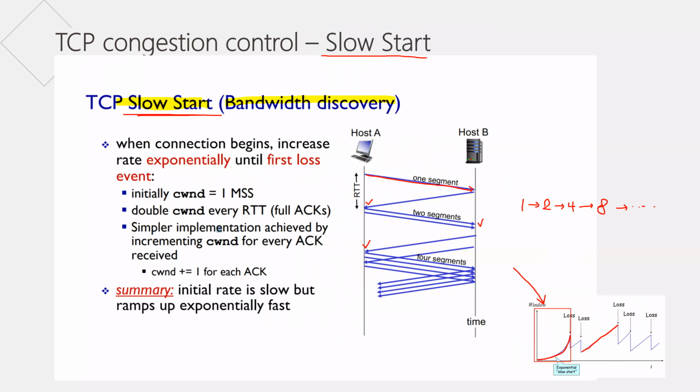You can see the increase speed is faster, right? Because it will multiply by 2 every time, so the increase speed is very fast. So it is very good at the beginning of a TCP connection. But why don't we use it all the time instead of combining these two together?